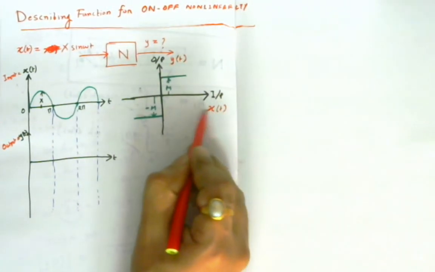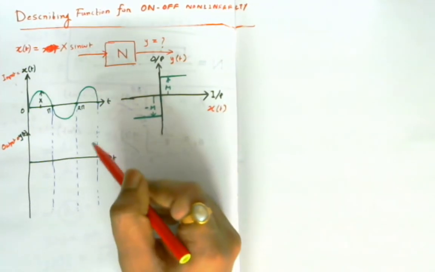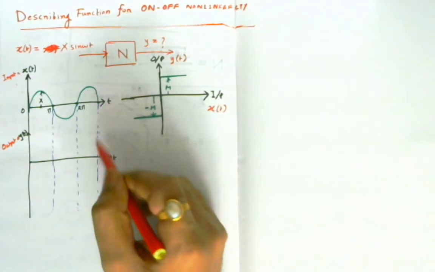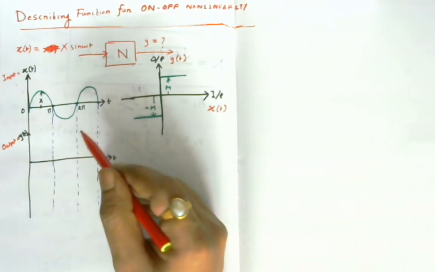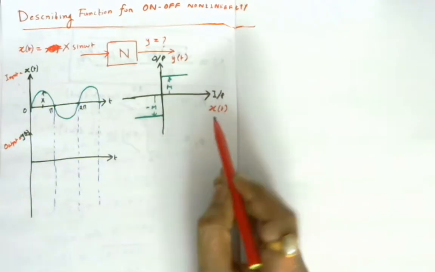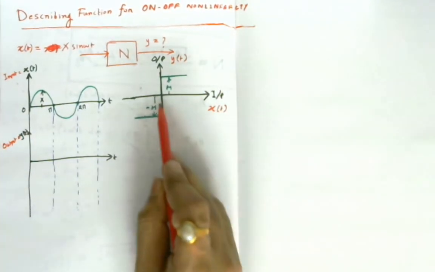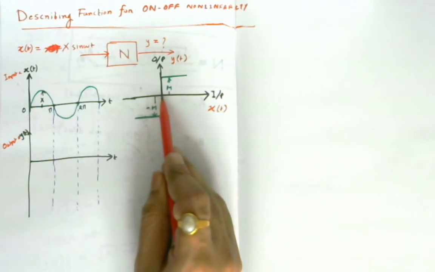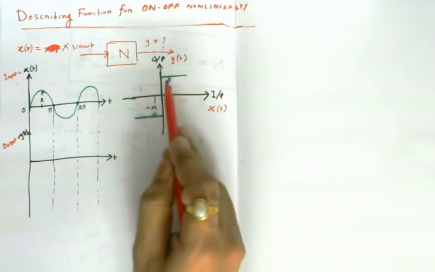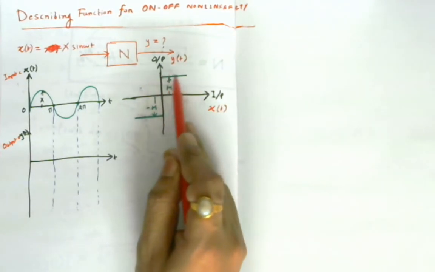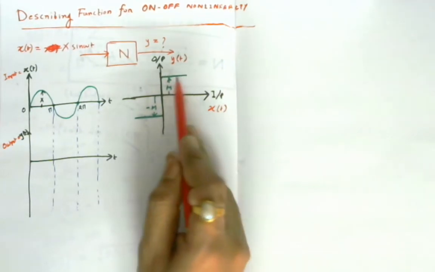If you very carefully watch the characteristics curve, because the actual background of drawing the waveform lies on the characteristics curve. Now see, when the input, that is xt, is just greater than 0, the output, which is yt, becomes m and stays m as long as it is positive.